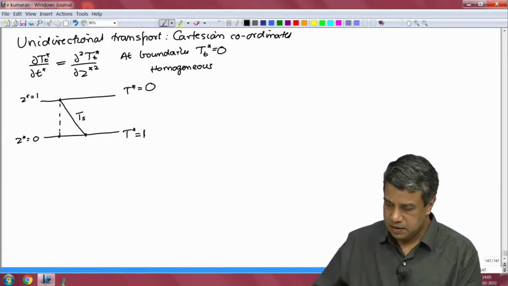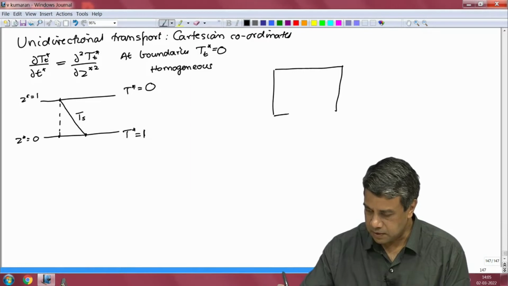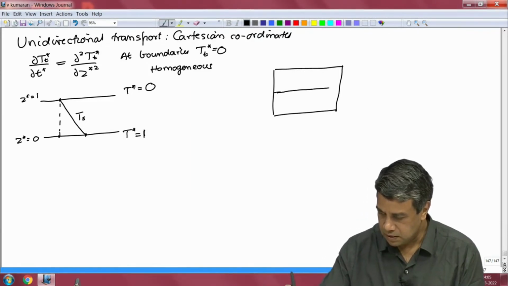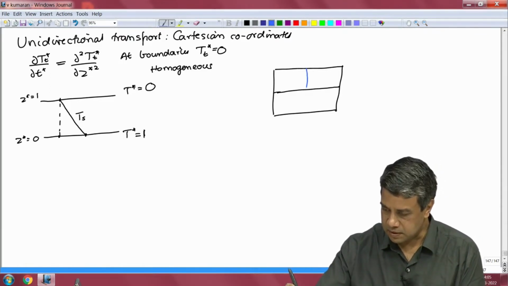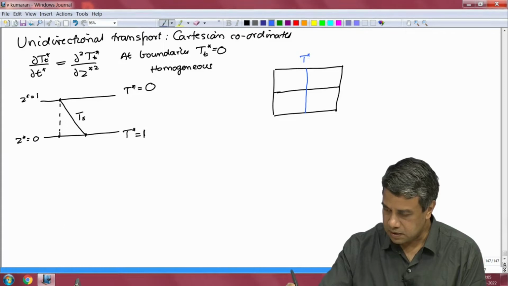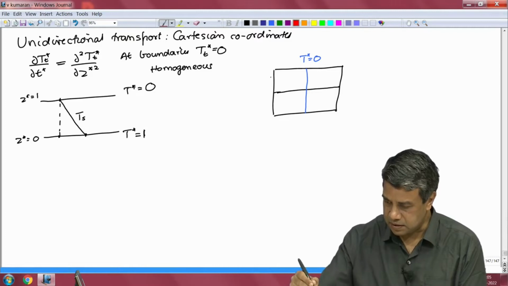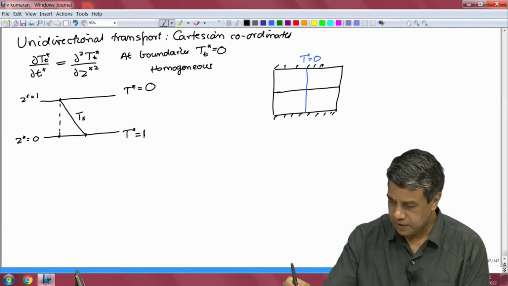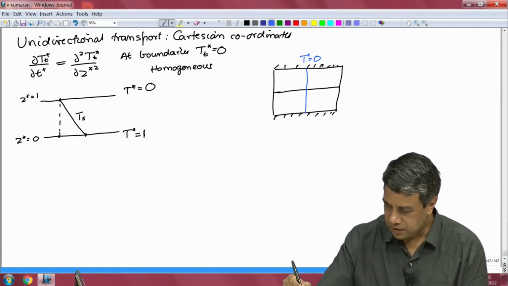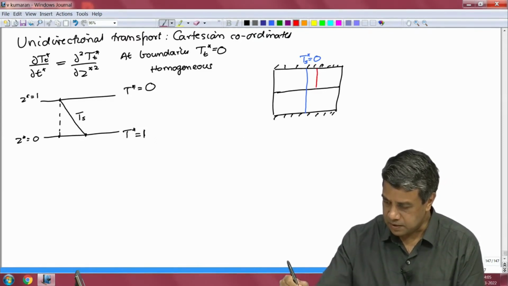The other problem that we had solved was two slabs being brought together. The steady solution in this case was just a constant temperature, T star is equal to 0, and I had insulating surfaces at the top and bottom, so the heat flux is 0. The steady solution was this, and the initial temperature profile looks something like this.